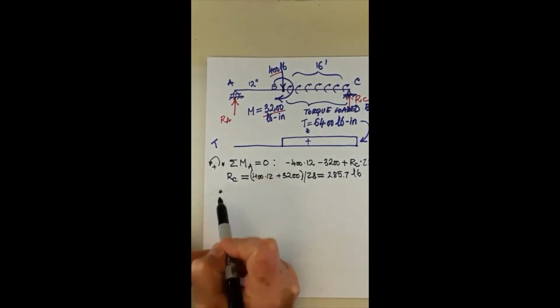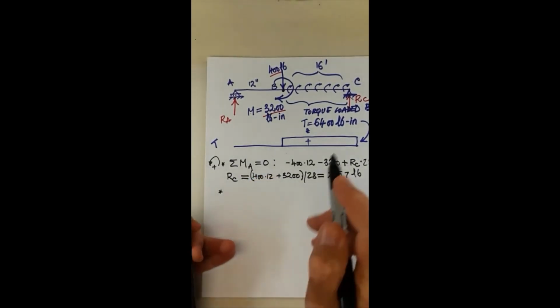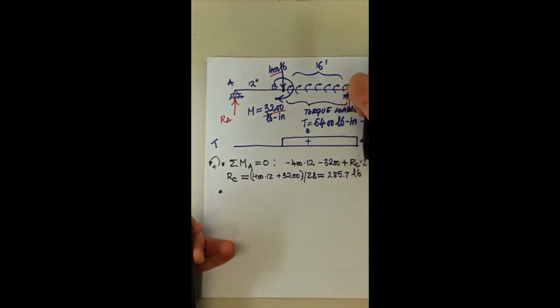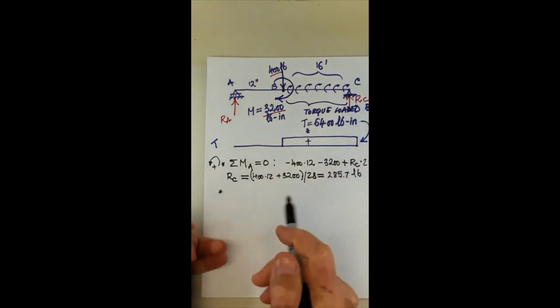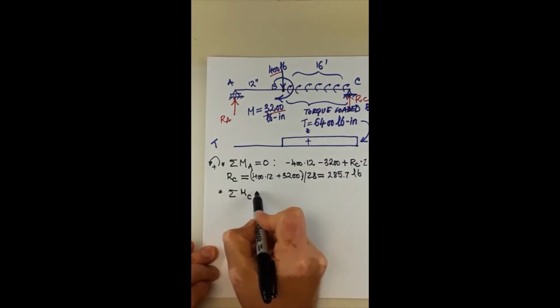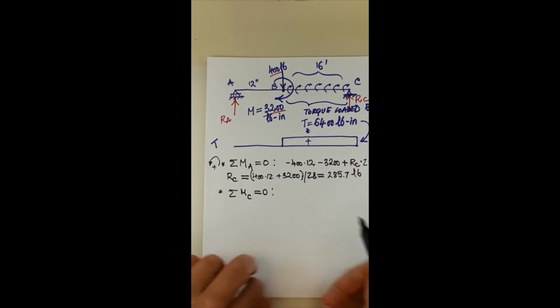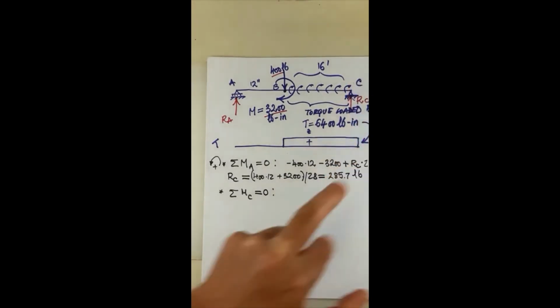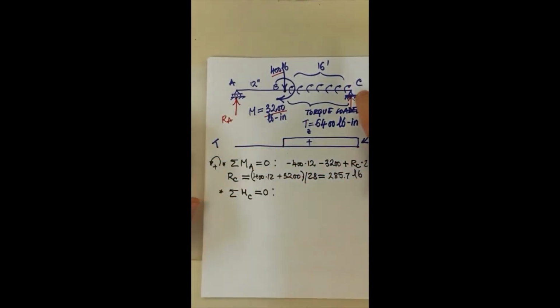We'll repeat the analysis by summing moments about point C. So I have the sum of moments about C equals 0, and the same positive counterclockwise. So what do I have?